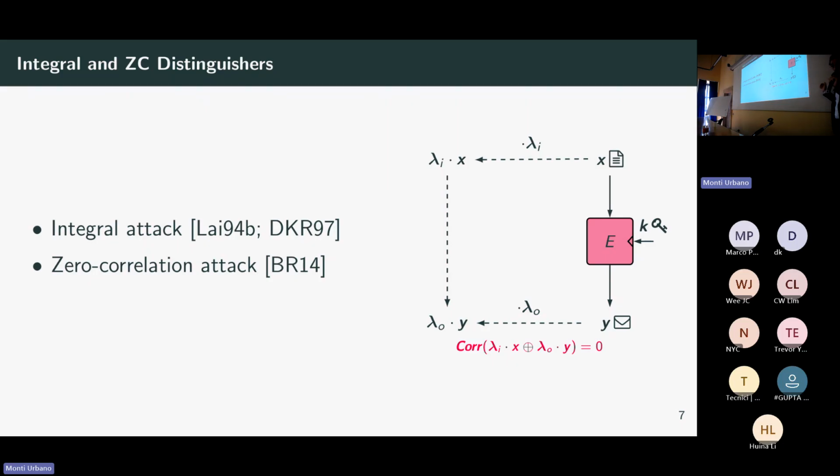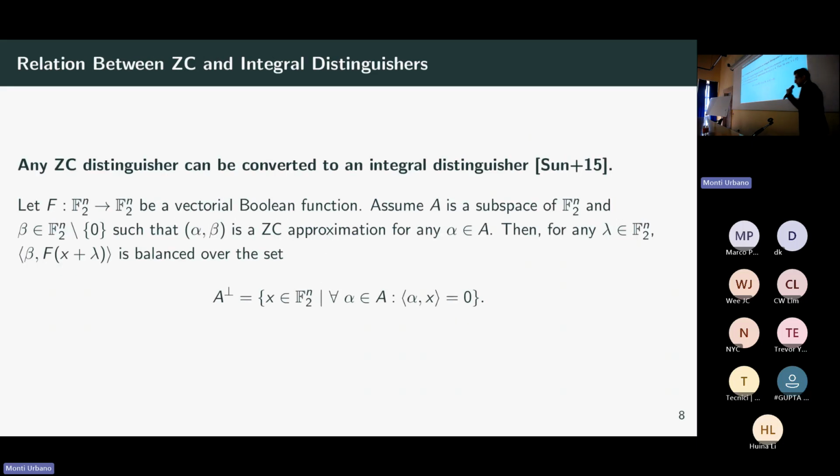There is no relation between them. But interestingly, in Crypto 2015, I think even before that, 2014, another group of researchers revealed a link between zero correlation and integral attack. And it says, essentially, any zero correlation can be converted to an integral distinguisher.